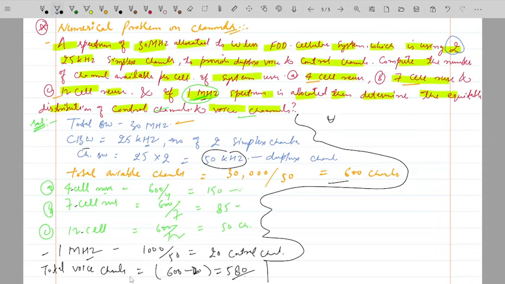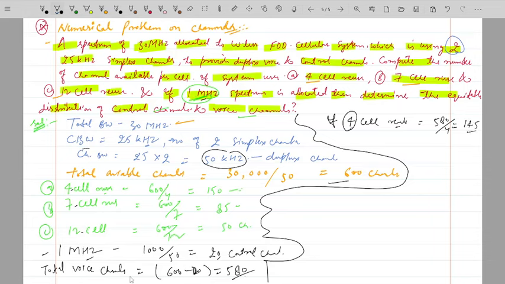So if we take the 4 cell reuse, then we have a total of 580 channels, and if we divide 580 by 4, meaning the total voice channels divided by 4, then we will get 145.